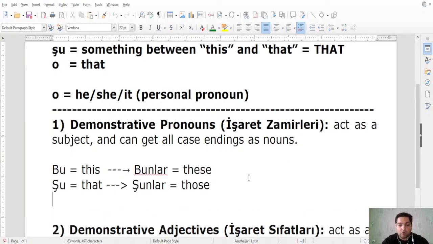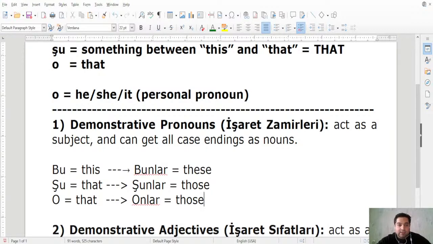And then we have also o, which means that, and again transformed as those if you make it plural, okay? Onlar will be again those. So these 6 are used as pronouns.